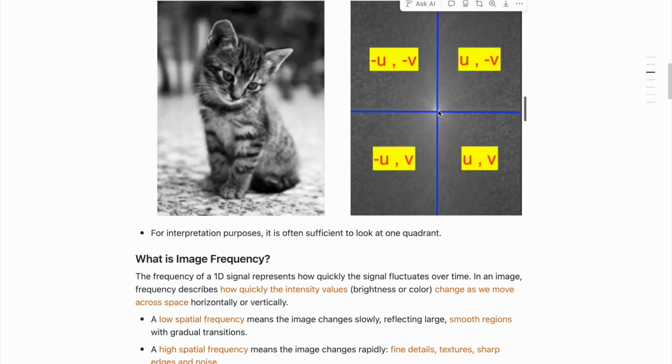So the brightness here represents the fact that a lot of pixels in this image have low frequencies in vertical and horizontal dimension, and each of these brightness values represents the magnitude of a frequency at that particular U and V index.